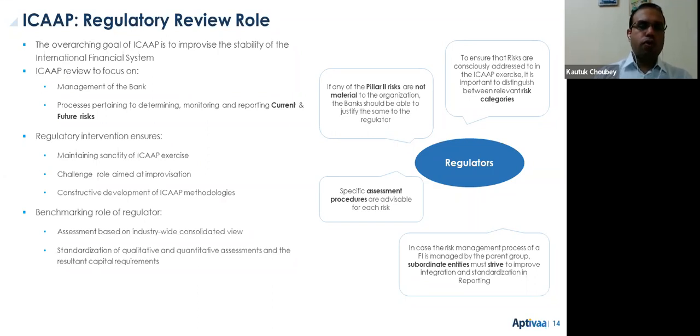And also from a benchmarking perspective, because the regulator is a central authority, it has a view of the entire banking or financial sector as an industry. So it also brings the benchmarking perspective into this whole exercise, and would be able to see whether there are certain banks which are above and below the average, and then accordingly corrective actions can be taken.